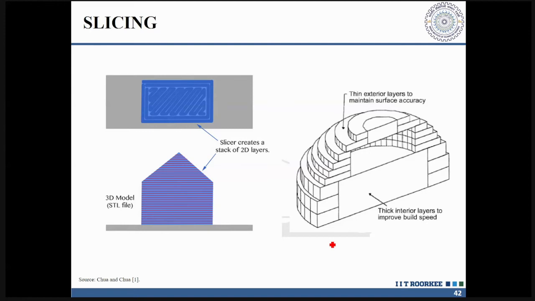In this stacking of layers, you have to create a bound. Within that bound, you fill up your material in a zigzag manner. That depends upon whether you want to create a hollow part or a 100% dense part. If you want a hollow part, there will be no zigzag pattern. If you want a dense part, it will be full of these zigzag patterns. That is called infill.